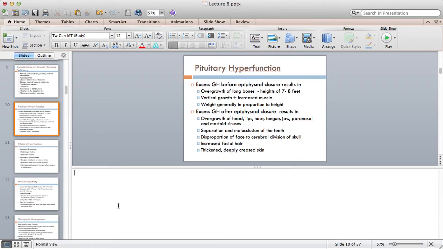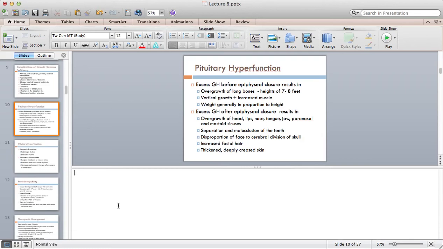Okay, so you see increase in facial hair, and you see there are very thick creases on the skin, which you do not see in the other one because everything is still open and the child is growing nicely, everything is in proportion. So you see that the person has an unusually large head with all these bumps in the body.